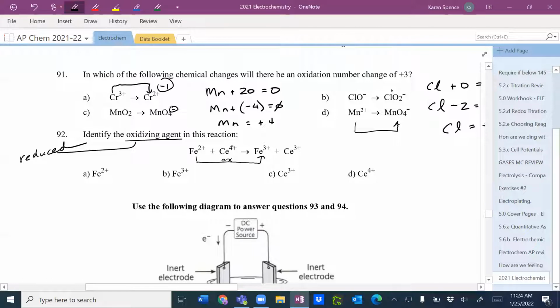And, oh yeah, this guy here gained electrons. So that is reduction. And yeah, that looks good. So if this has been reduced, then our oxidizing agent is the one that got reduced. So that would be our Ce4 plus. There we go.